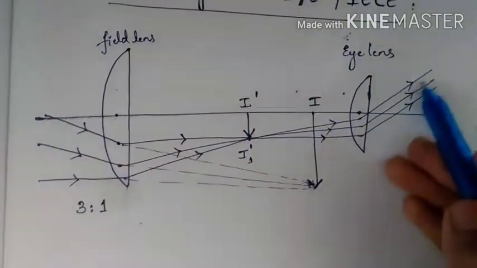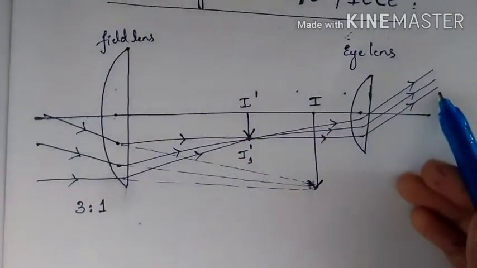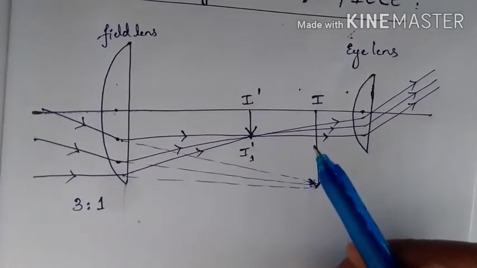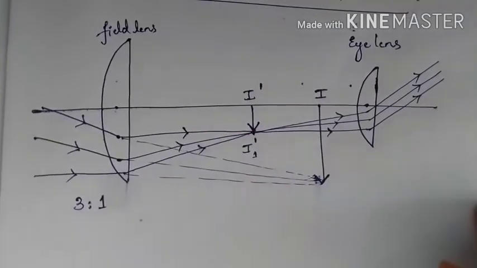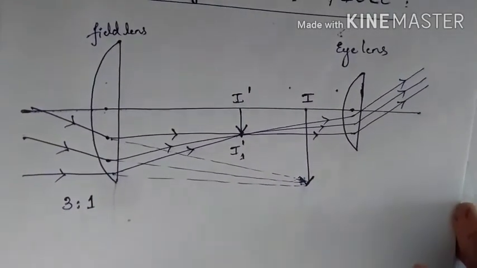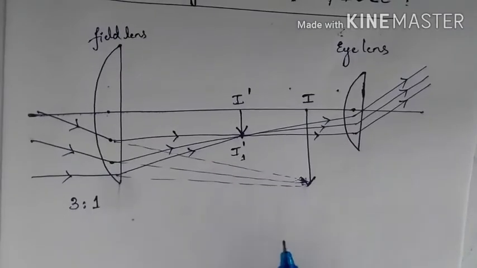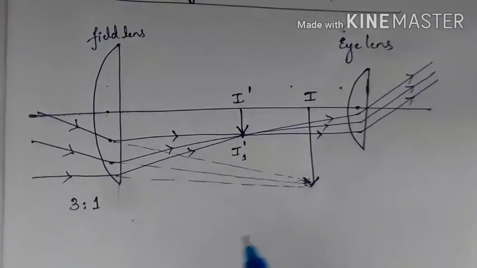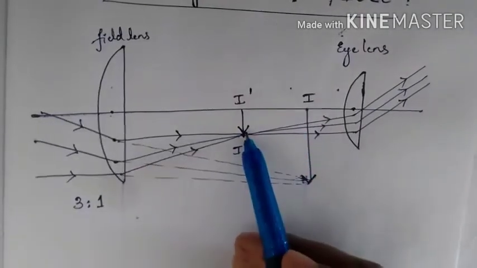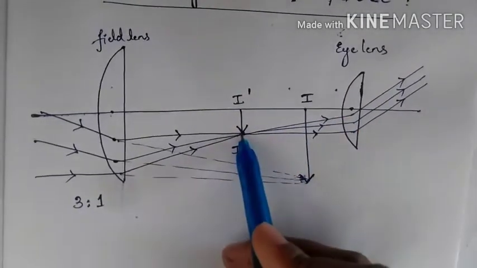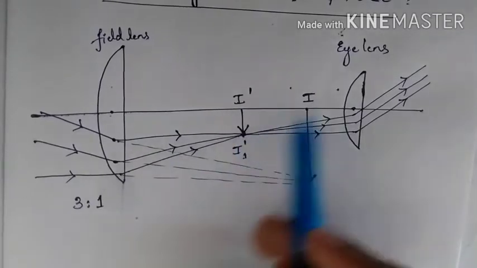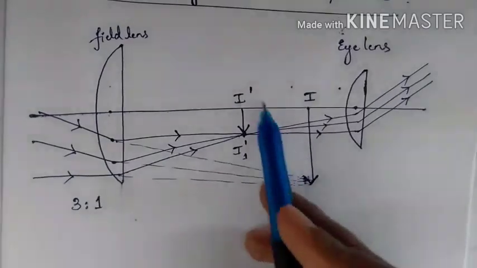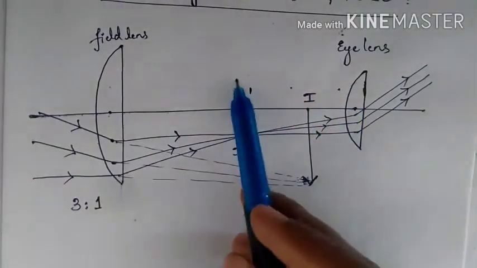But for the image to be formed at infinity, this object should be at a focal point. When an object is at the focal point, the image will be formed at infinity. If the object is at infinity, the image will be formed at the focal point. So this we know. So if this is the object for the eye lens and the image is formed at infinity, then the distance will be the focal length.